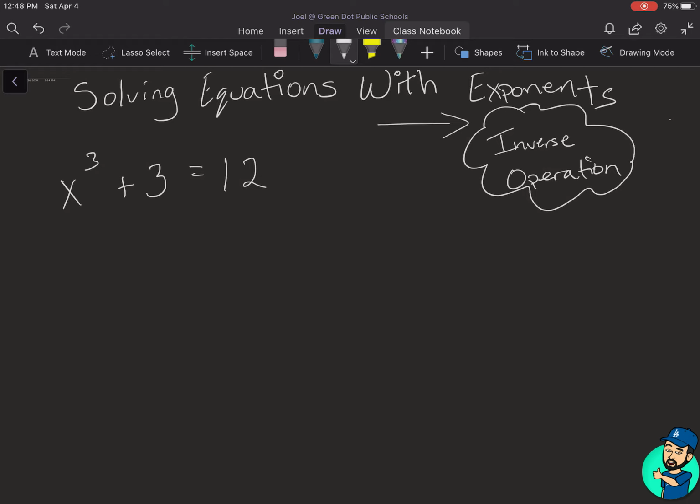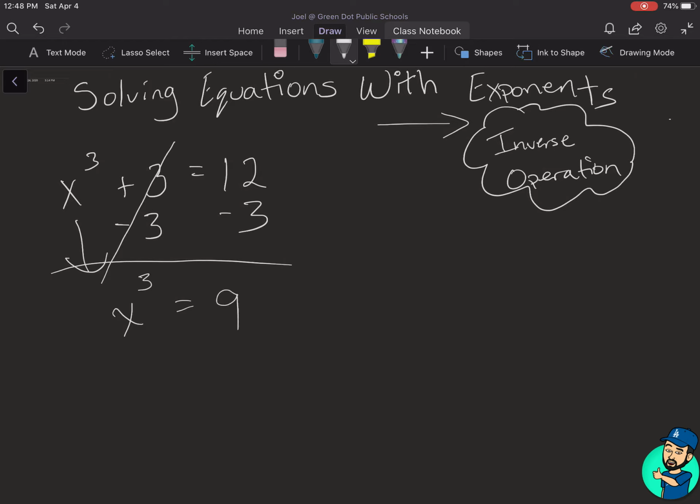Instead of adding 3, I need to subtract 3 from both sides. Now, on the left-hand side, the 3s cancel out. Now I'm left with x cubed, or x to the power of 3, equals 12 minus 3 equals 9.